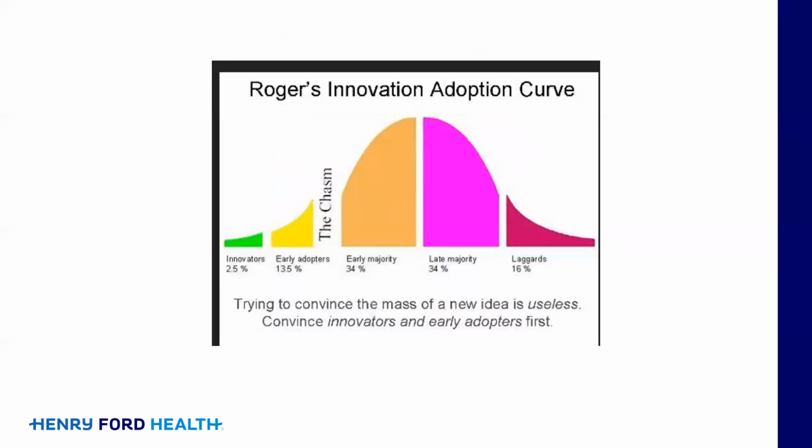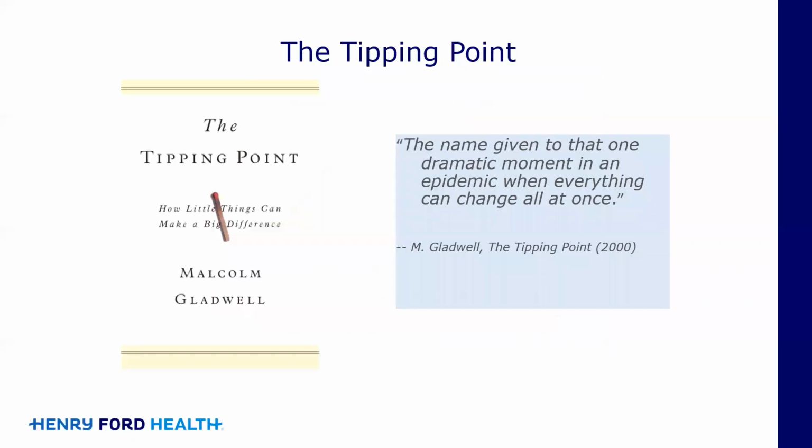We don't need to convince everybody. There's always going to be somebody in your procedural areas who says that they're not going to buy in, and that's not the idea. The way change works is you have the early adopters, and really what you have to do is get the early adopters and the early majority and work with the willing initially. Next slide.